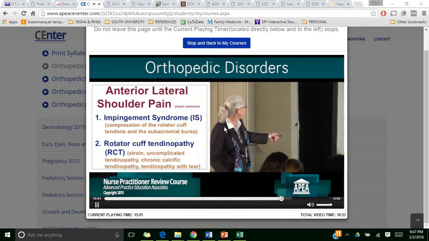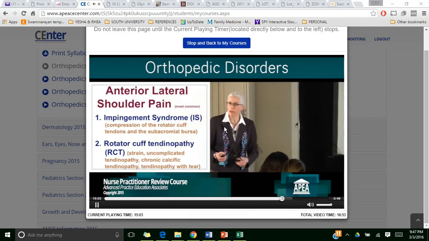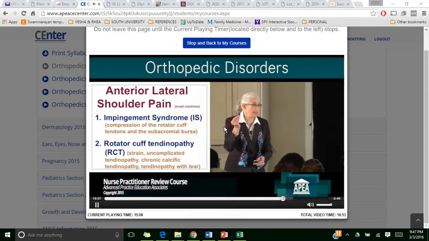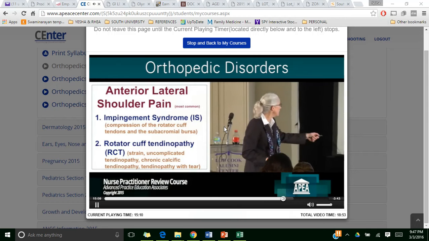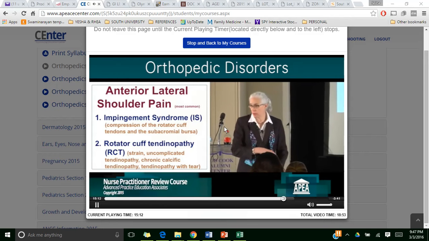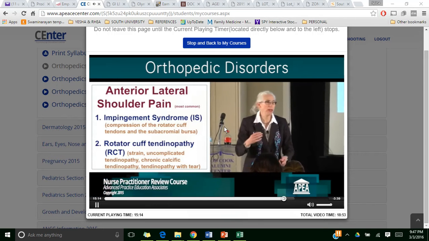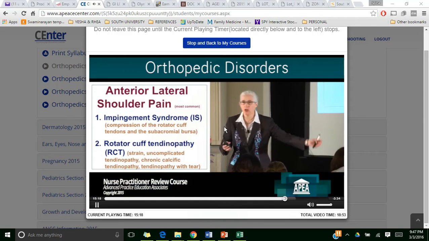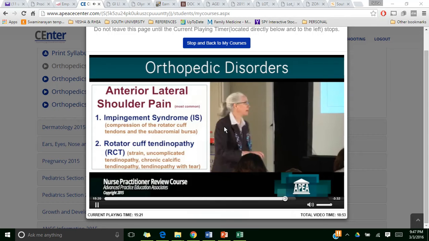So how do you help these people? Well, of all the joints that you want to make sure continue to move, because remember, joints are made to move, of all the joints that you want to make sure continue to move, it is going to be a shoulder. If they came in with an acute presentation of something, ice is always in order.